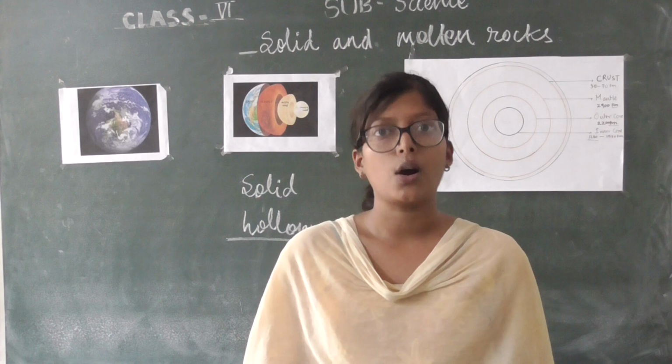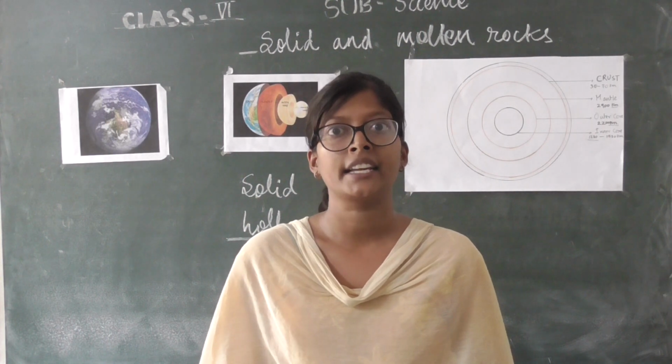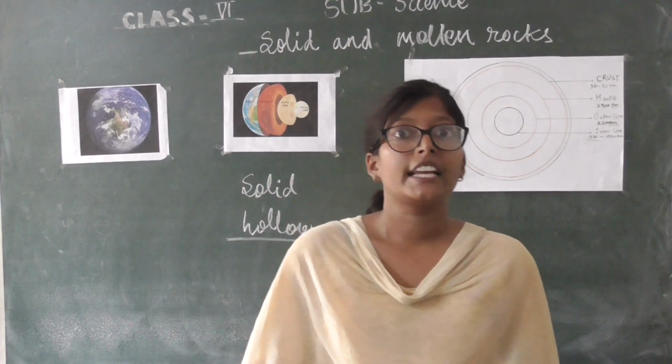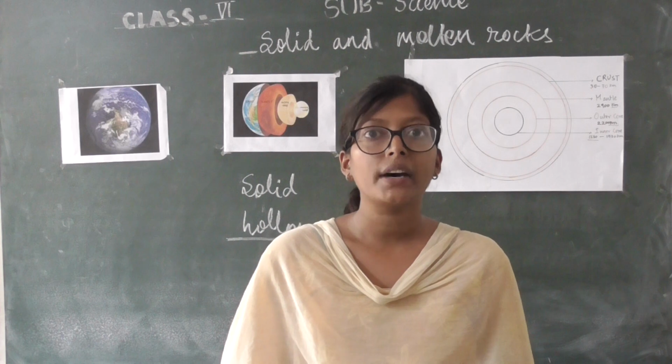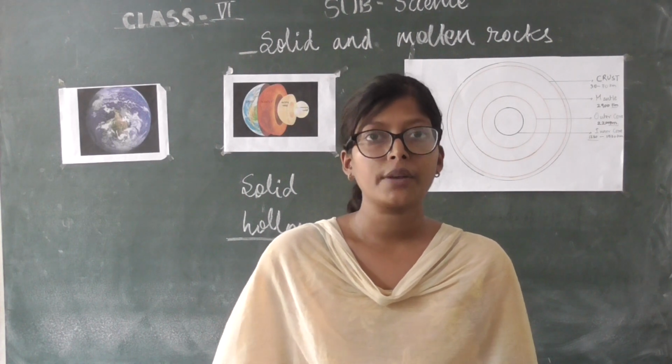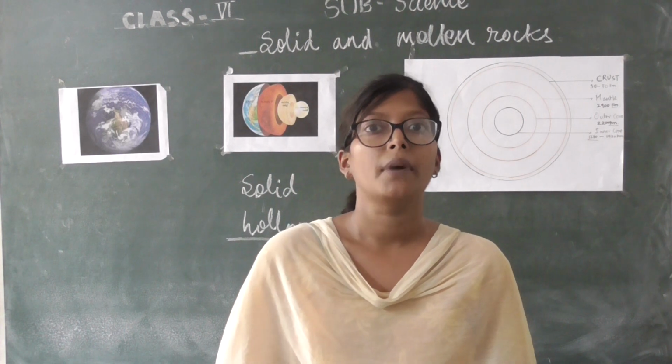And third one is outer core. Outer core is also made up of iron and nickel, in liquid form, because outer core is a superheated area. The liquid material is called magma.